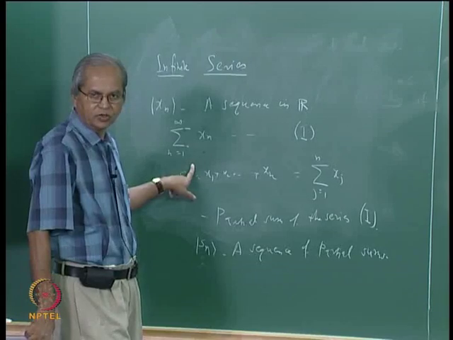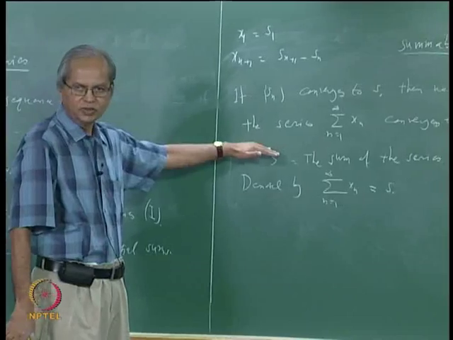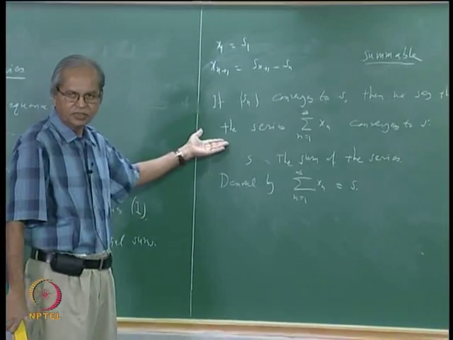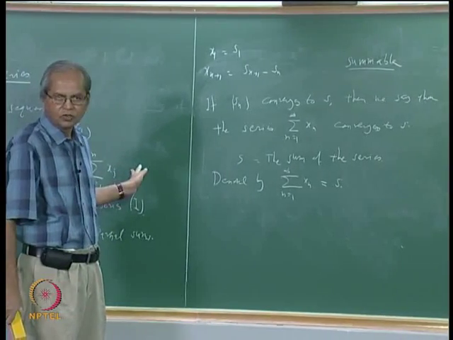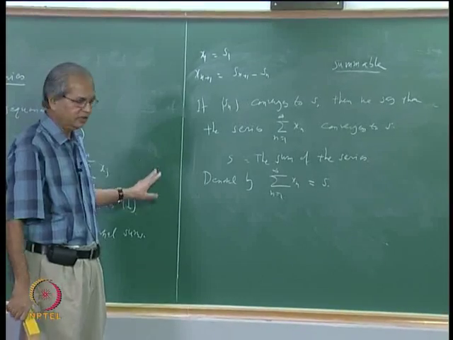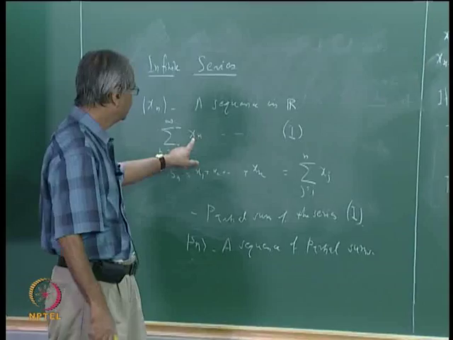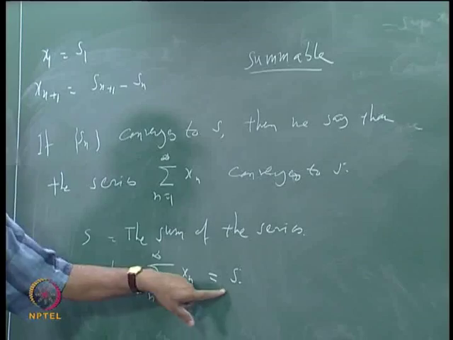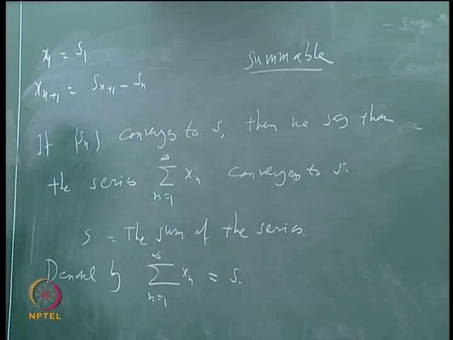One more thing: just as we have defined what is meant by convergent, in a similar way, if the sequence Sn diverges, we say that the series diverges. If the sequence of partial sums is not convergent, it is a divergent sequence, we will say that the series is divergent, and in which case this has no meaning. There is no such thing as the sum of the series being equal to S.